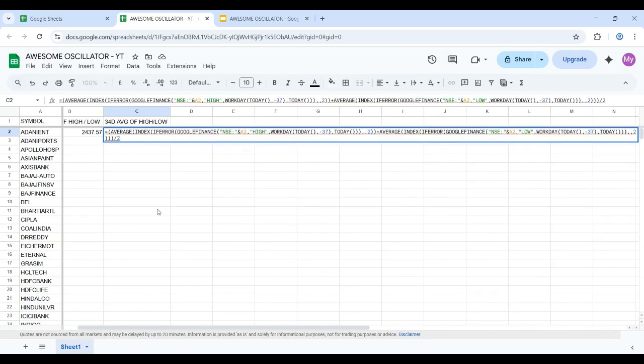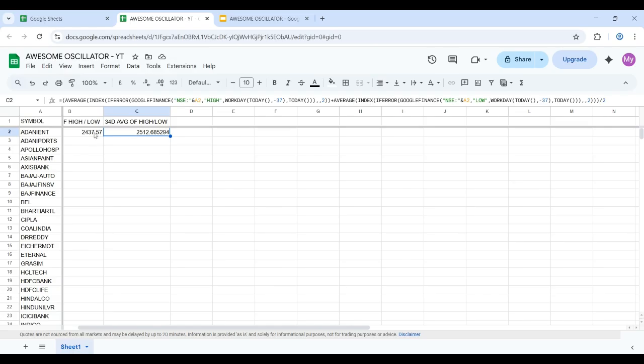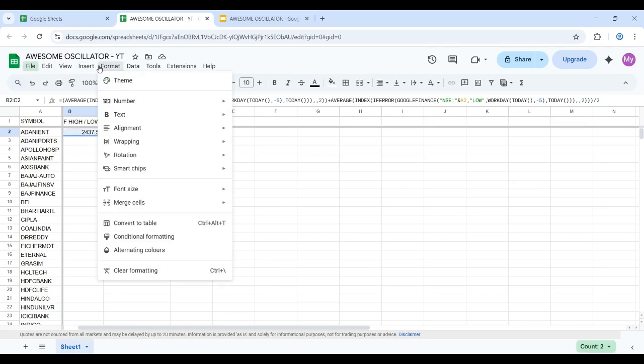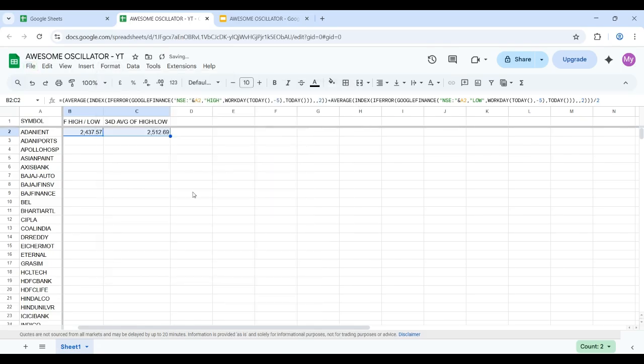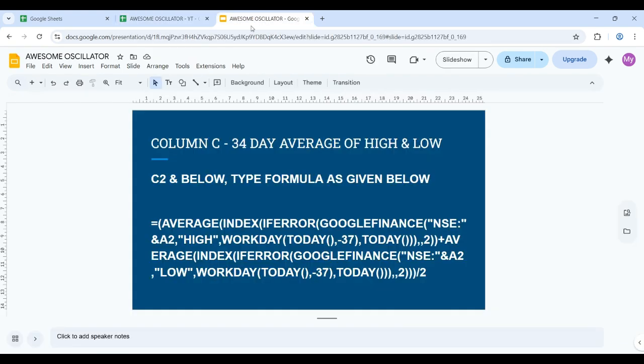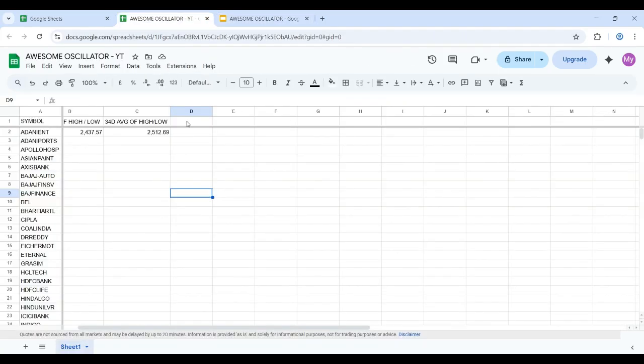Output is equal to, okay. So now we'll go to awesome oscillator values in column B and let's write the AO value.